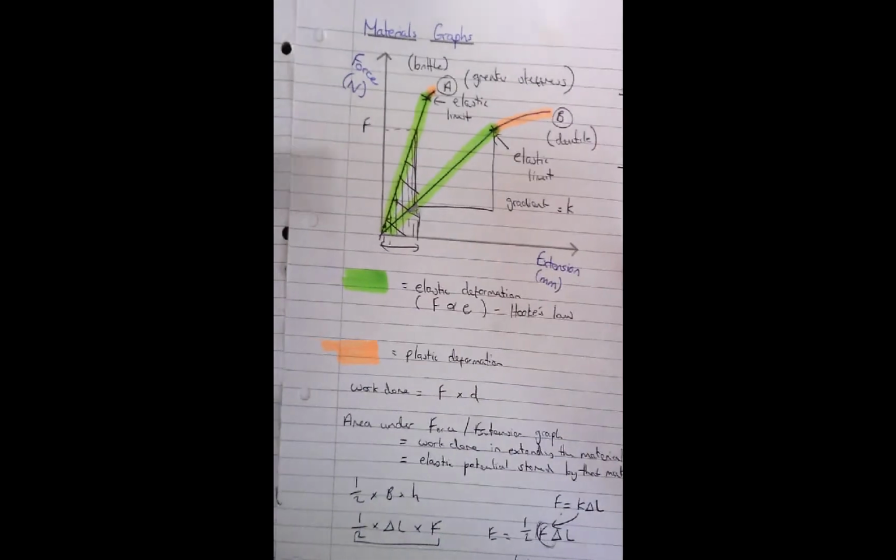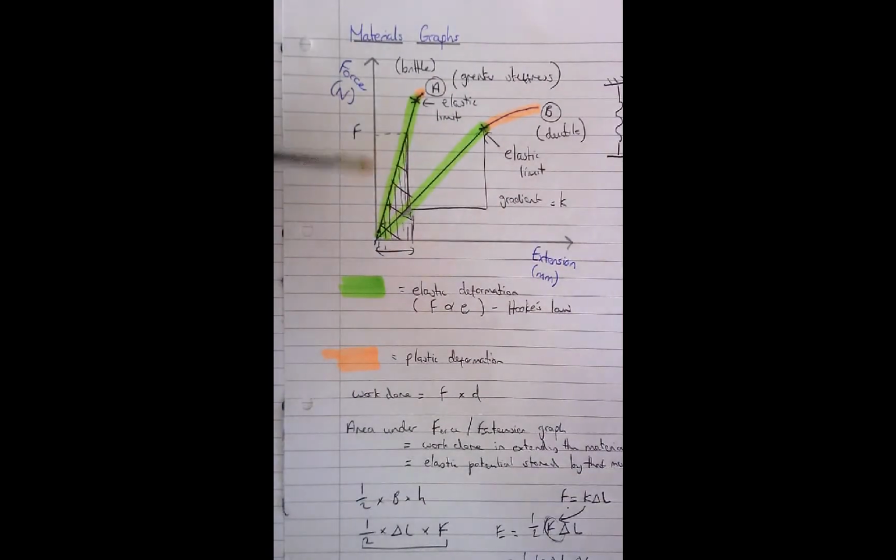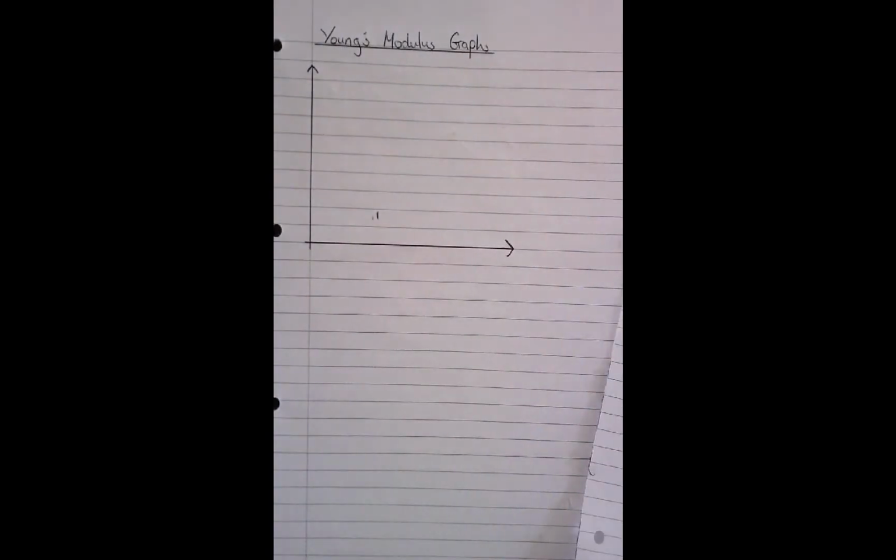And what we're going to do is look at another type of graph for different materials. A lot of what I say, in fact most of what I say, that applies to the graph we're going to look at now, what's called a Young's modulus graph, can be said for these force extension graphs too.